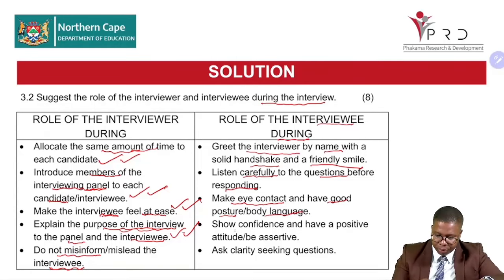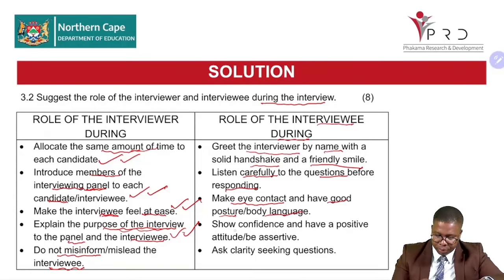Then we move to another typical exam question. 3.3, read the scenario below and answer the questions that follow. You have Impala Construction. Impala Construction advertised a vacancy for a production manager. The successful applicants will receive remuneration packages, which include medical aid, pension fund, and a housing allowance.